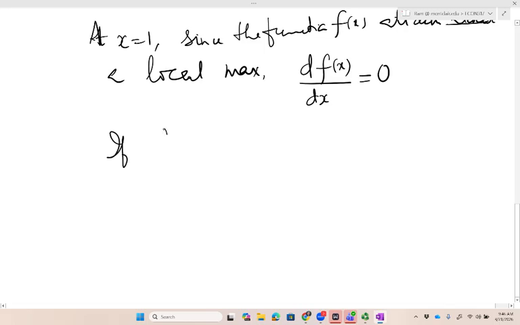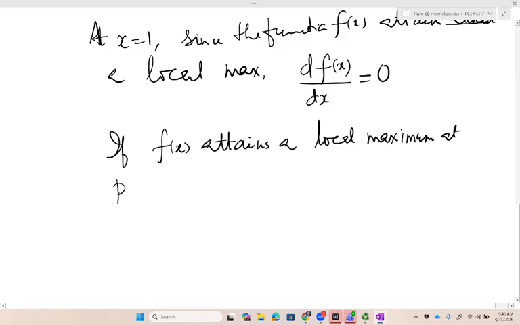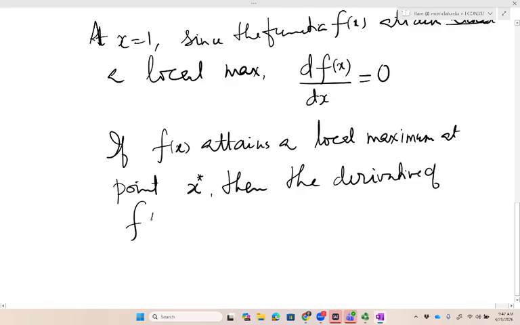If f of x, the function, attains a local maximum at a point, so let me now identify the point, I will say x star, then the derivative of f at x star is 0.